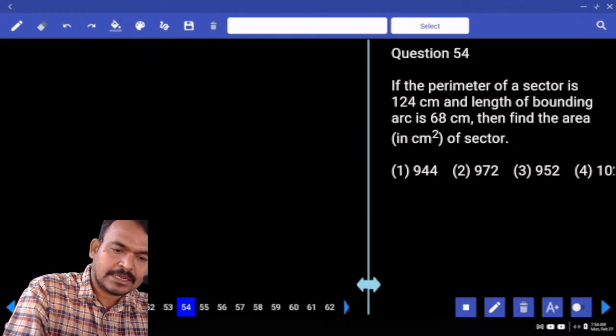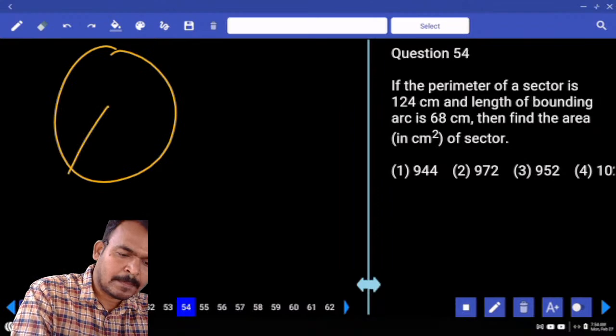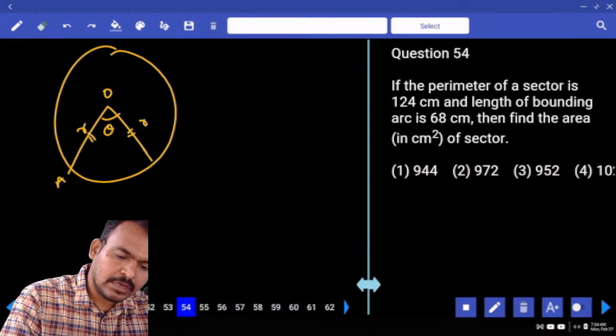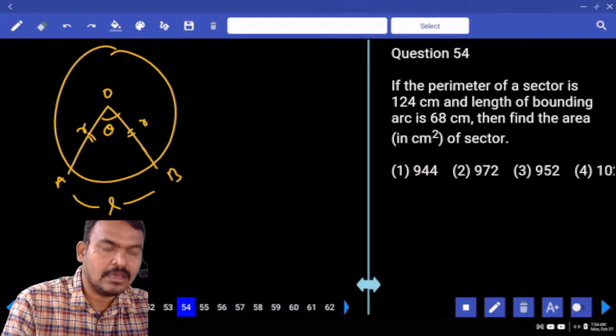Sector means it is some part of a circle, and here theta is the angle of the sector, OA and OB are radii, and A to B is the length of the arc.